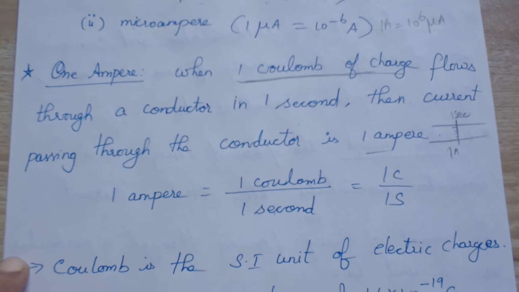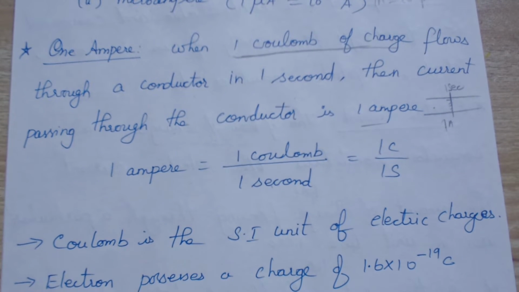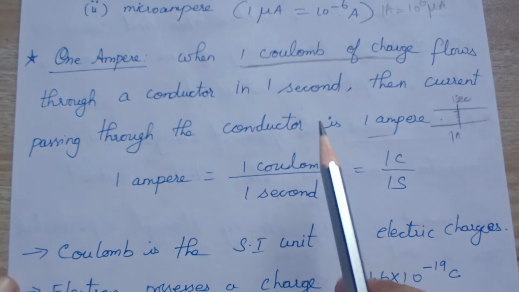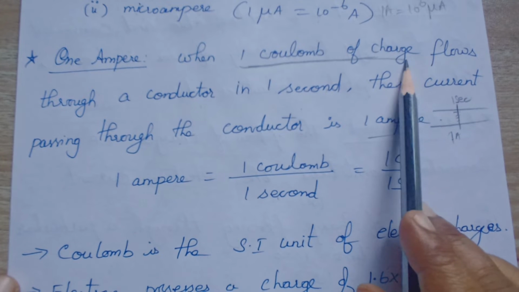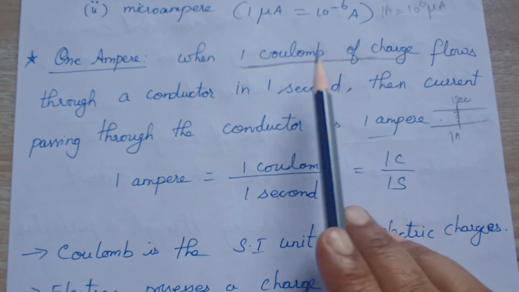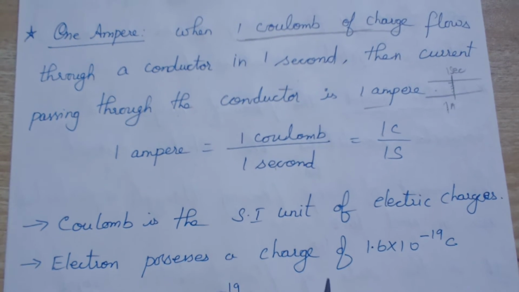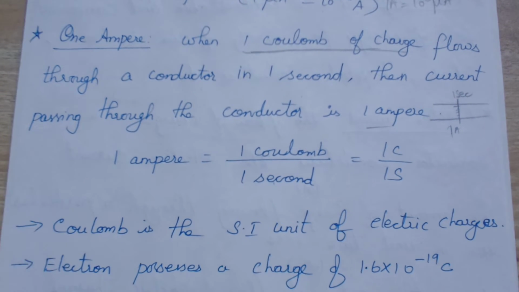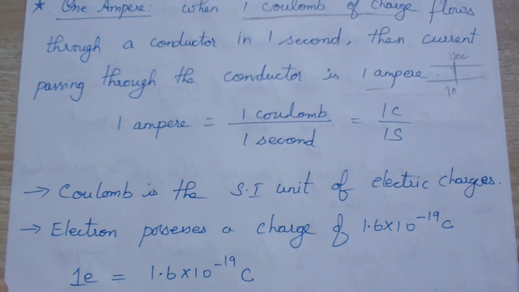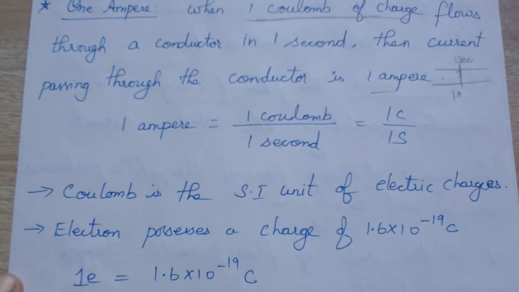What is that coulomb? We said that when 1 coulomb of charge flows, what is the charge? Coulomb is nothing but the SI unit of electric charge. Charge also has some unit, right?